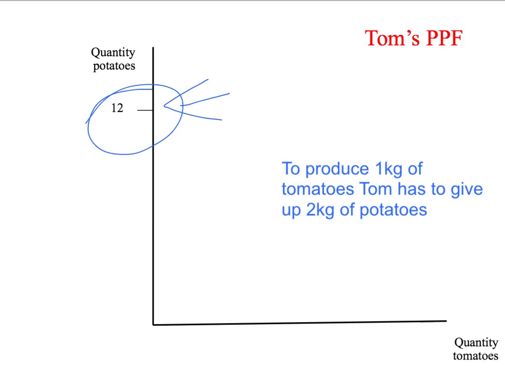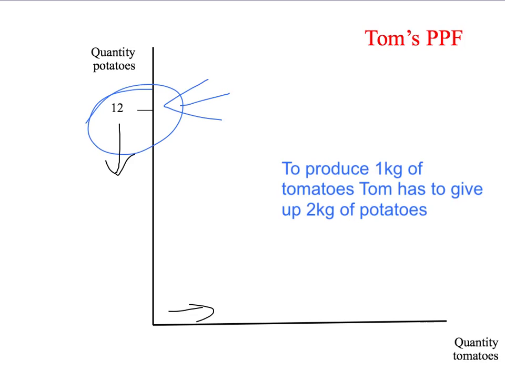So Tom has to reduce his production of potatoes by exactly 2 kilograms in order to get the 1 kilogram of tomatoes. And that, of course, is just Tom's opportunity cost of a kilogram of tomatoes: 2 kilograms of potatoes foregone.